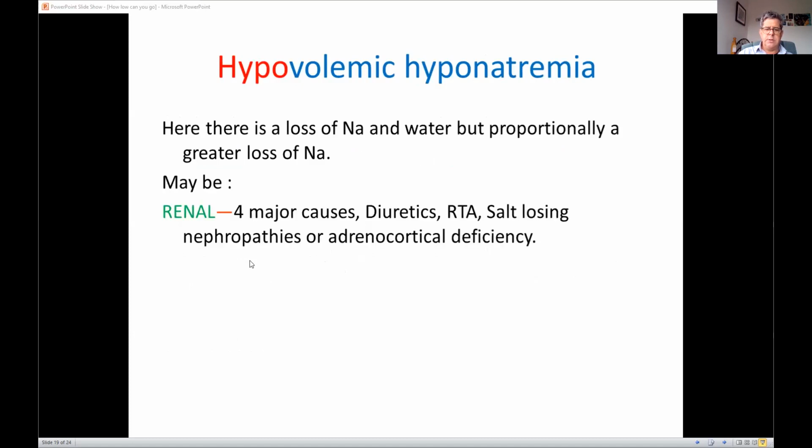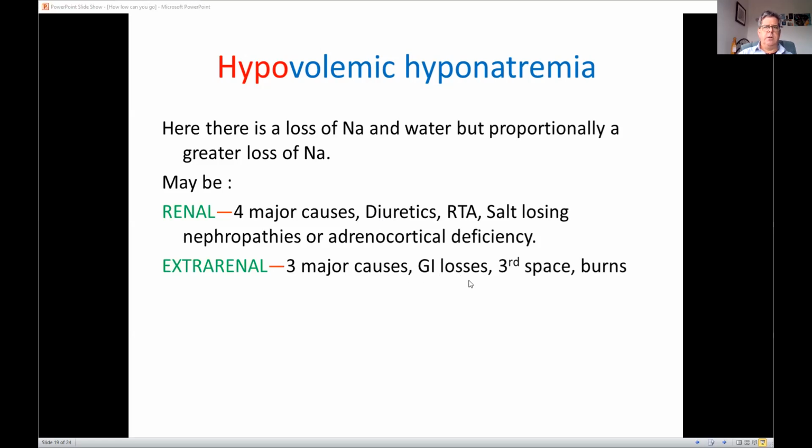The renal causes include indapamide, especially as a diuretic, salt-losing nephropathies, adrenocortical deficiencies, or renal tubular acidosis. They're the ones which I remember for a renal cause. More commonly, certainly worldwide, would be the extrarenal causes, especially GI losses, vomiting and diarrhea. Third spacing, which includes burns and pancreatitis, would be another cause.